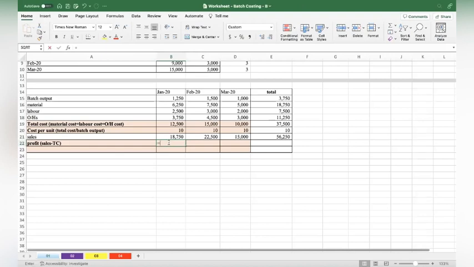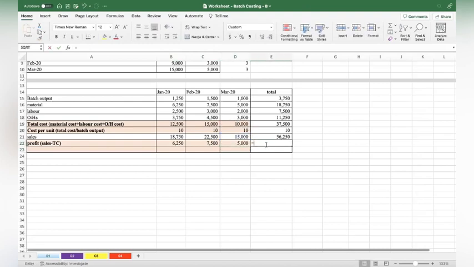So we have sales for January minus total cost 12,500. Now again, we have sales for February 22,500 minus total cost 7,500. Again, for March, you have sales worth 15,000. That means income 15,000 minus total cost will be 10,000.